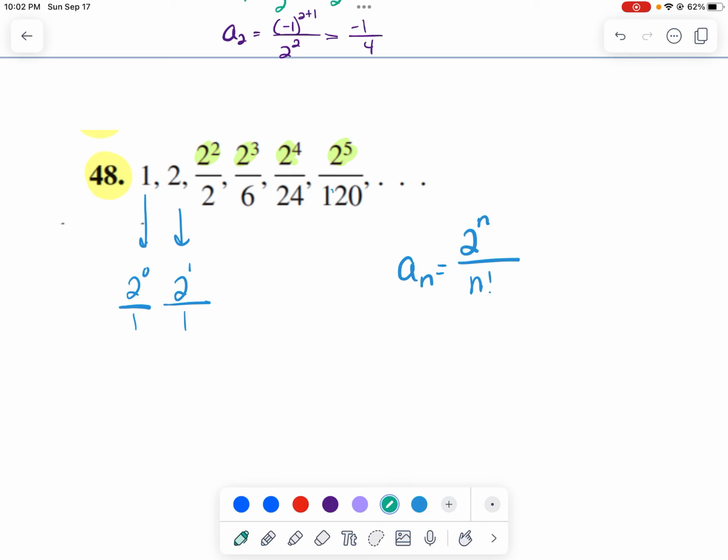So when I substitute in 1, I would get 2 to the first over 1 factorial, which is going to be 2, right? Or 2 over 1. But that's actually what I have for a sub 2, the second term. So if I need to go backwards in a pattern on the sequencer on that purple sheet, if I'm going to go to the left in the sequence, from normally this is, let me draw it real quick.